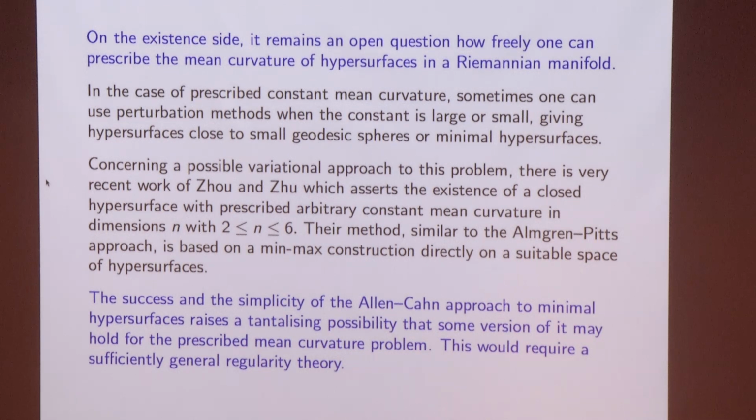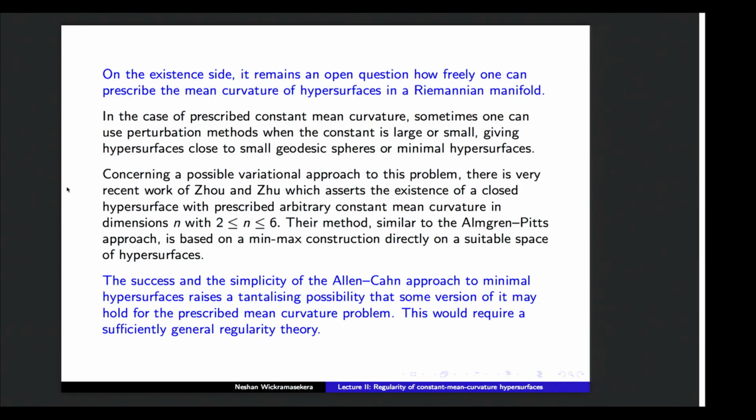For fixed epsilon, you construct an index 1 critical point of the Allen-Cahn functional by very standard PDE min-max theorems. And then you pass to the limit. So you shift the burden more to the compactness, convergence and regularity questions. That's the philosophical difference between the two approaches.